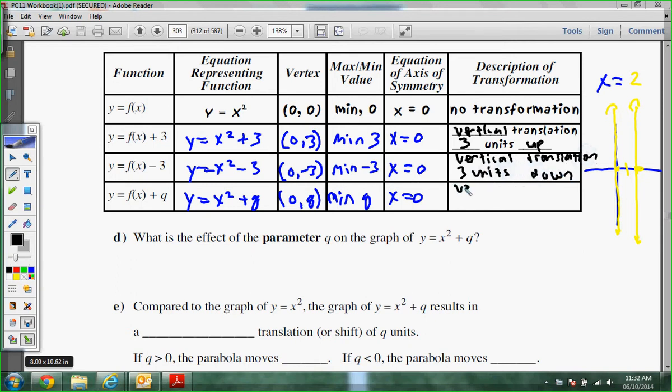And then same thing, vertical translation, q units up. And obviously if it's negative, it's down. What is the effect of the parameter q? The graph undergoes a vertical translation.